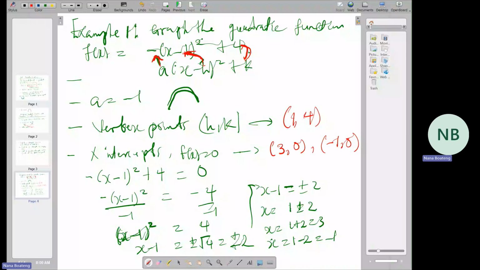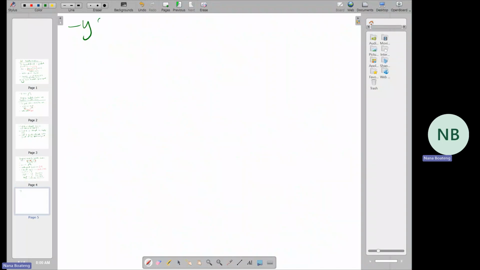Okay, then let's find the y-intercept. For the y-intercept, we set x equal to 0 and solve for y. So we have f of 0, which is equal to minus (0 minus 1) squared plus 4.